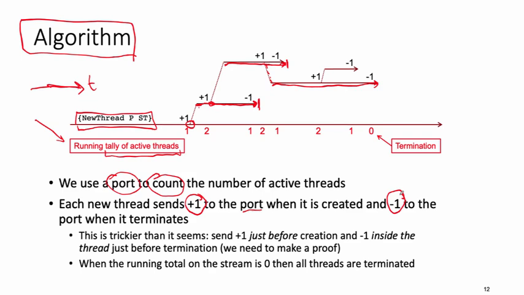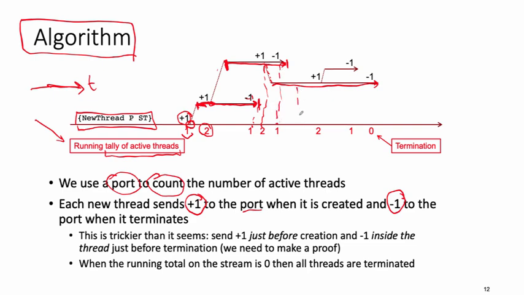Okay? So the idea is that here, when this thread is created, we will send +1, so the tally is 1. We'll create another thread. The tally will be 2 with these 2 threads. This thread will terminate, so the tally will be 1 again. Here we again have a +1. Here we have a -1.